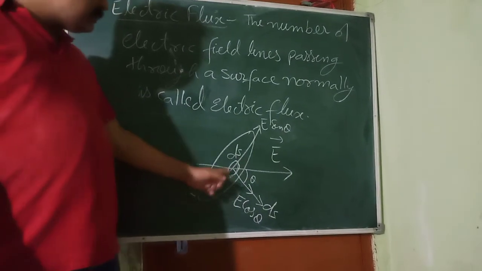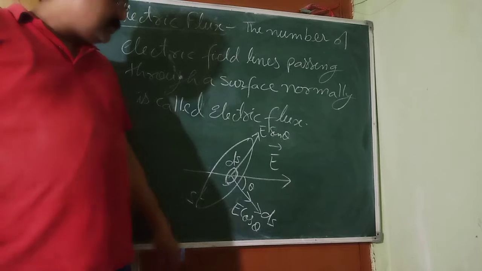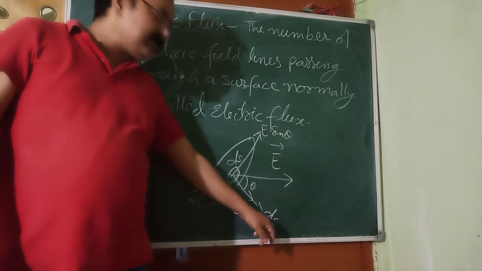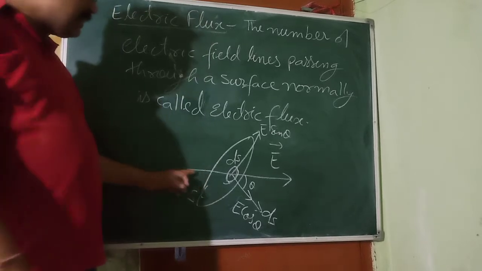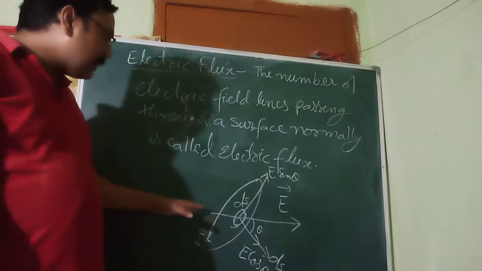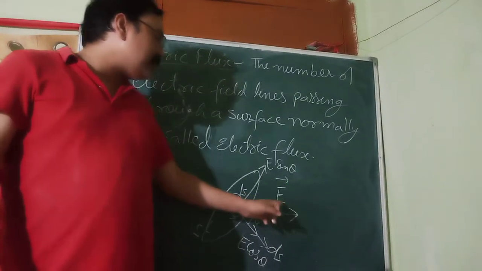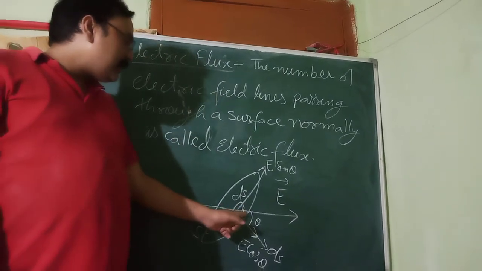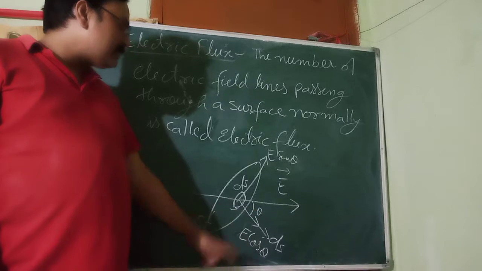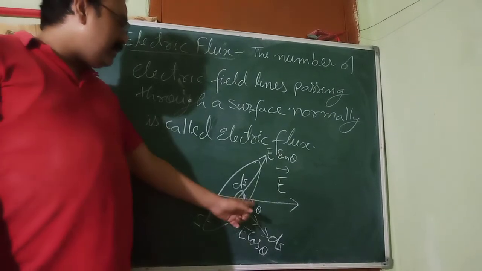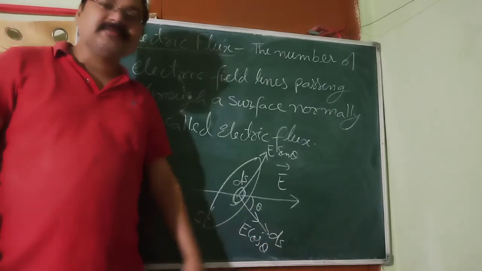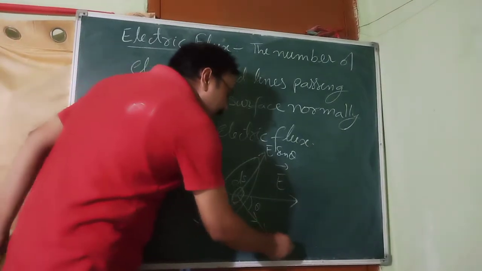Now this small surface has got a direction, and as I have told you, it will be perpendicular to the surface, so this is the direction of ds. Now there is an electric field E directed along this direction. As the electric field is directed in this direction, it has an angle theta with the direction of the small area vector ds.